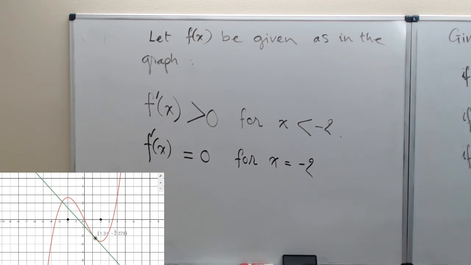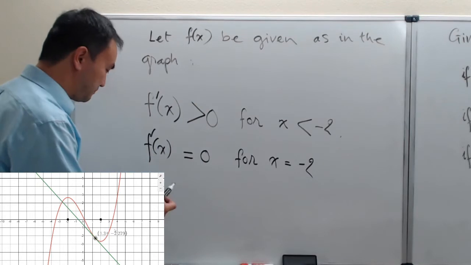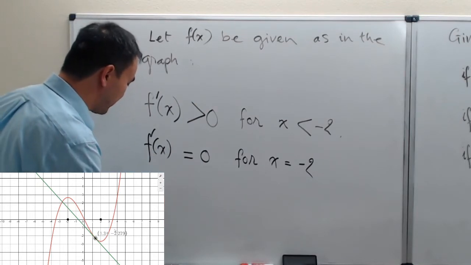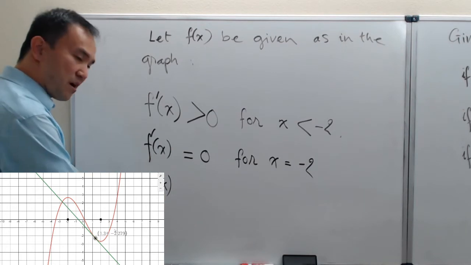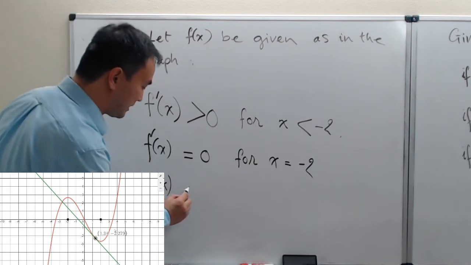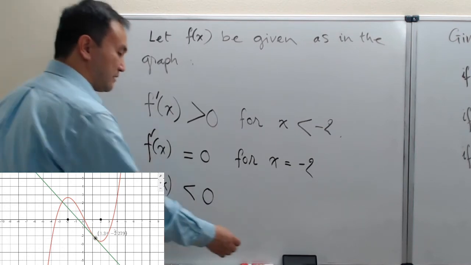So another conclusion I can make, even though I never knew exactly what the derivative of the function is, is that f prime of x as a function must be a negative function.